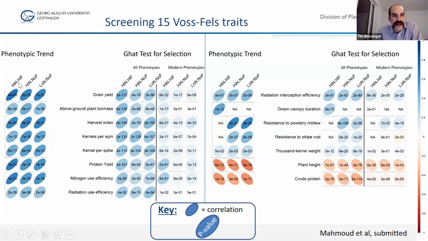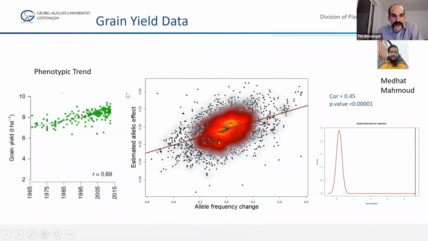And then we have a plot of the phenotypic trend across time. So a tighter oval means a stronger correlation, and the text drawn on here is the p-value. So this bit on the left, grain yield, phenotypic trend, is exactly a plot of the correlation here over time.